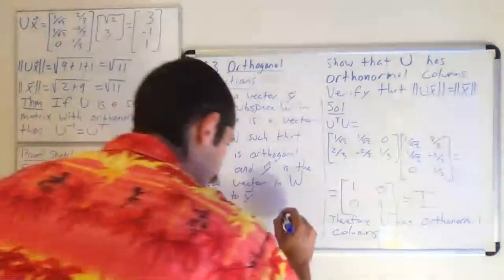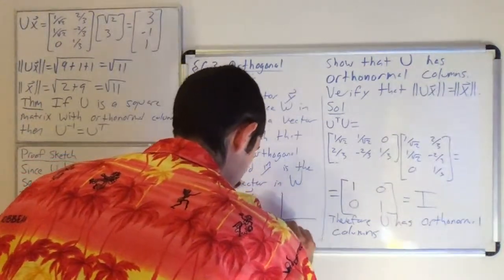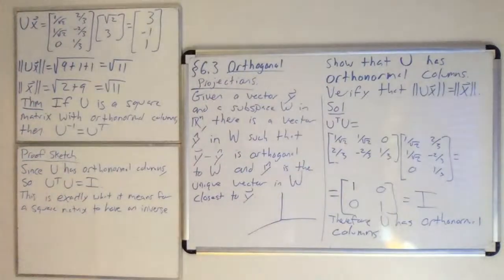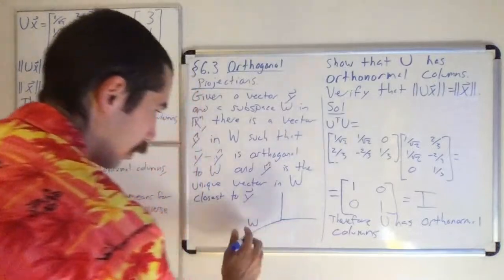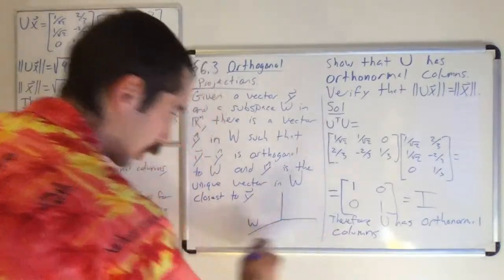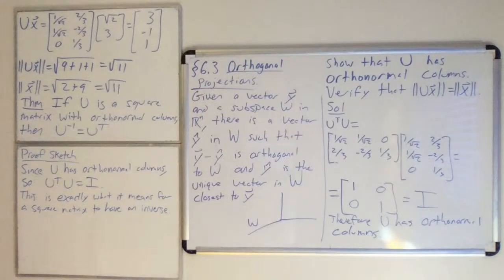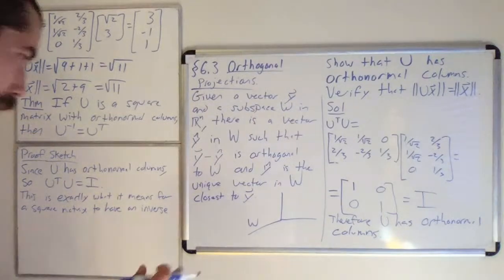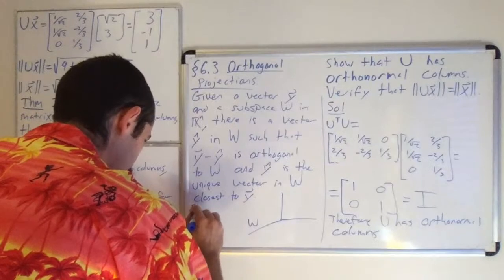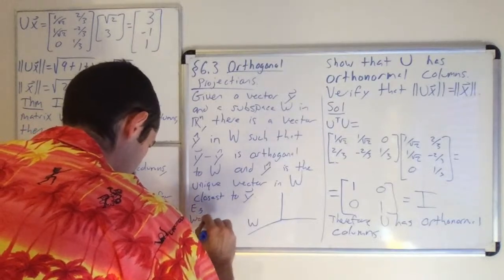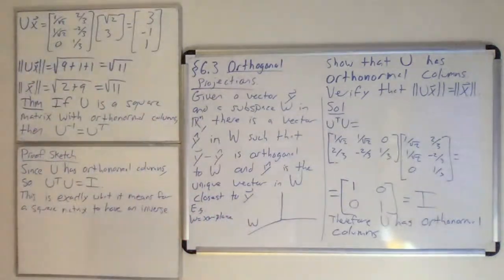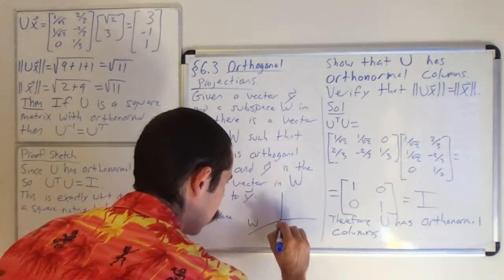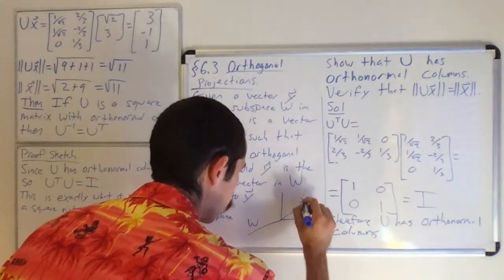Okay, so what does this look like? Let's say W is just this subspace here, the XY plane, and we have some vector y.